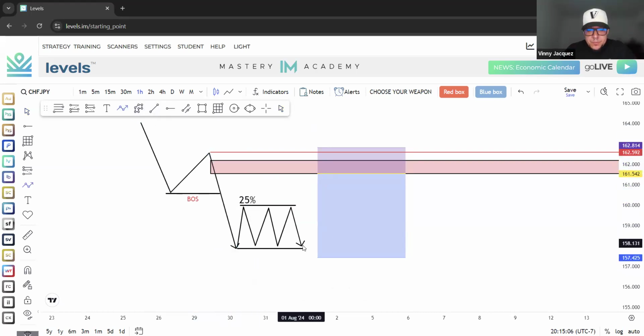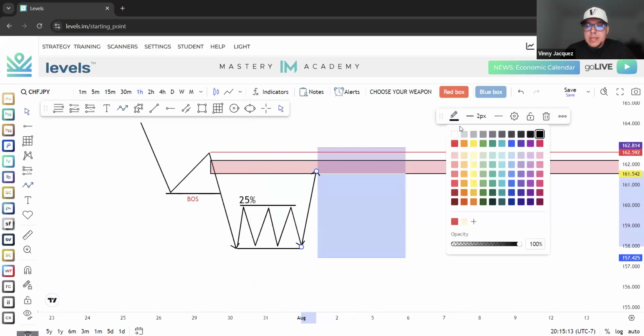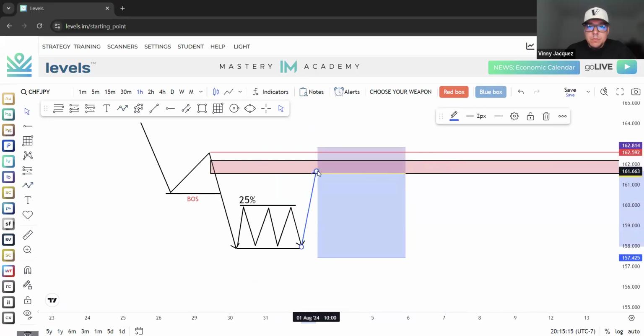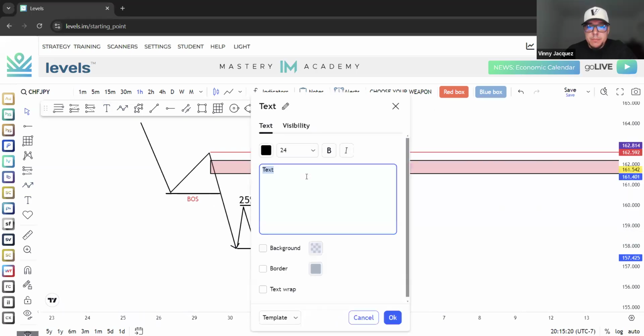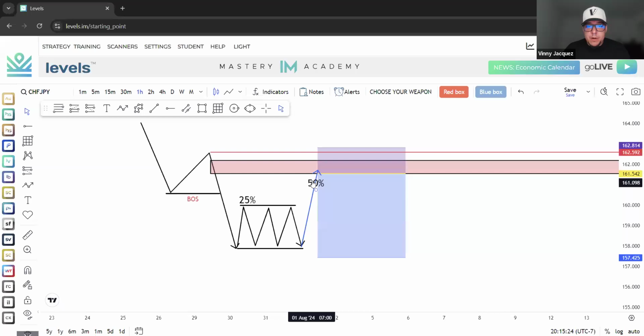Now, guys, when the market breaks out and we get that BOS to the upside, this BOS to the upside is 50% of the head and shoulder setup. So remember, keep this in your notes. This 50 is for the breakout that we just got here.